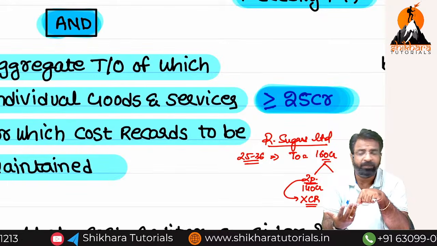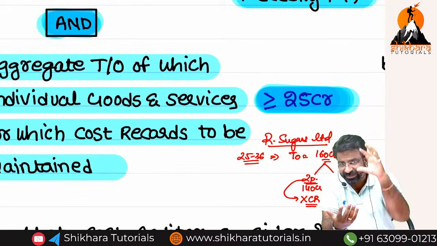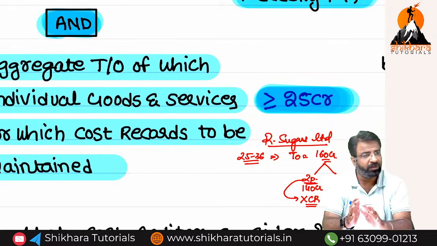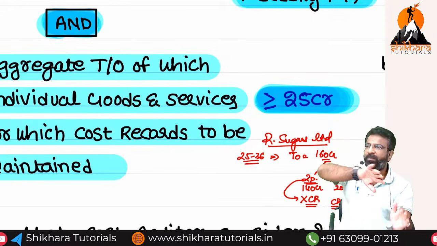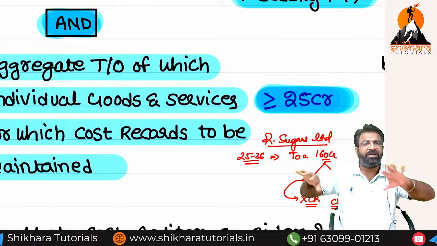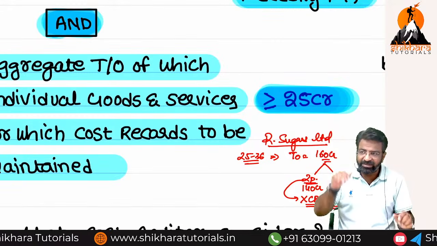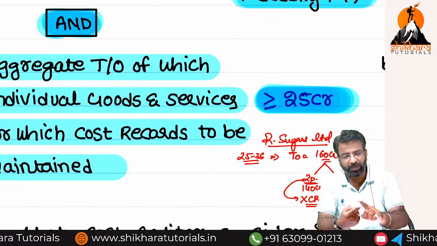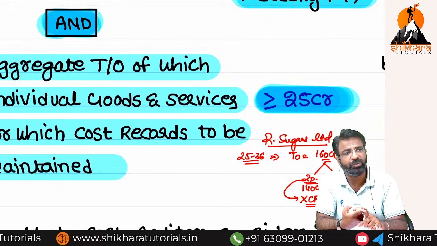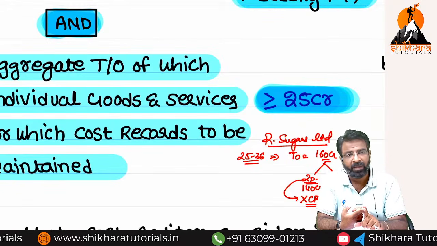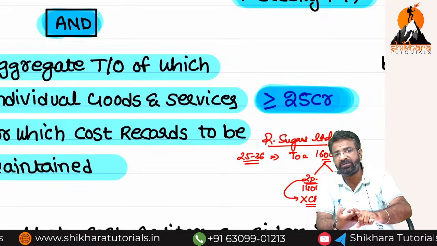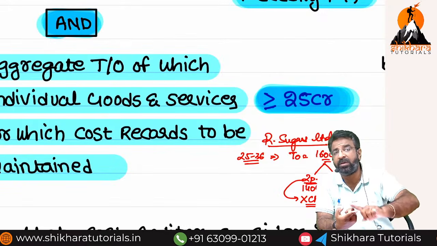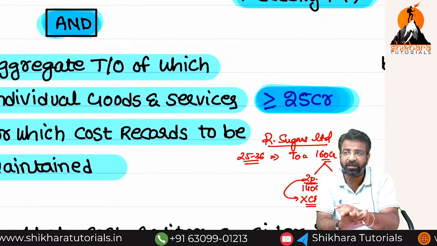Did you get the point? If you see these names, first of all, in your brain you have to make it: is it a regulated sector or not? If it is regulated, there are two conditions. Condition number one, annual turnover should be greater than or equal to the limit, and the turnover from those goods and services whose production we are maintaining cost records for should also be greater than or equal to its limit.